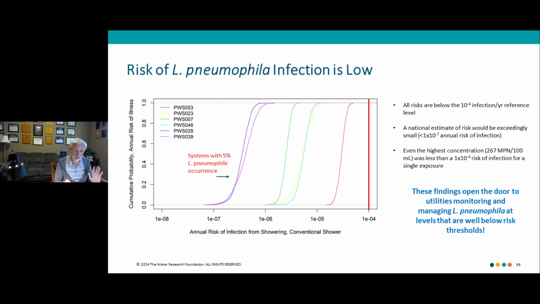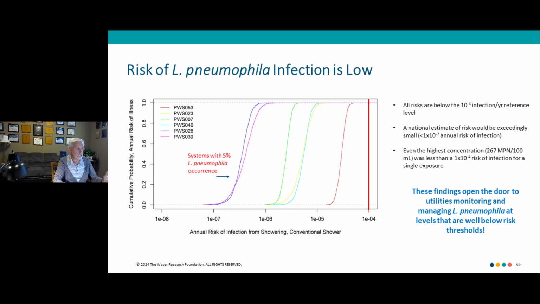Now recall 68% of the sample utilities had no detection. So when we put all of this data into an exposure model, the risk model, all the risks were below that 1 in 10,000 annual risk of infection benchmark that EPA uses.